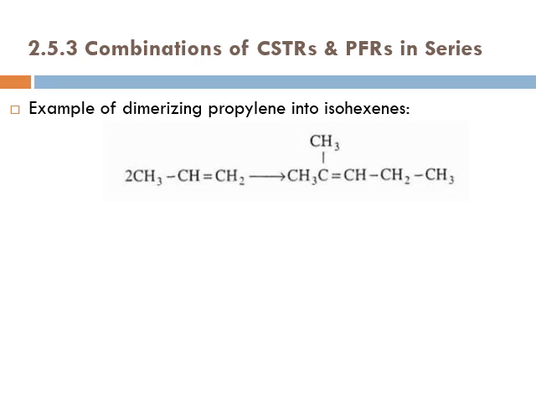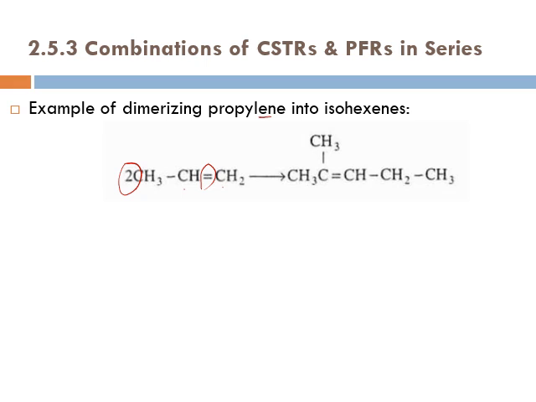Example of dimerizing propylene. See here we have 1 carbon, 2 carbon, 3 carbons. So they are propene or propylene because you have here a double bond. And you are turning it, so you have two molecules of this, that's why we are dimerizing, and you are converting it into isohexene.